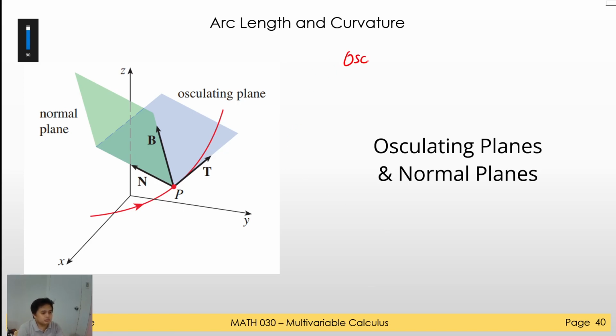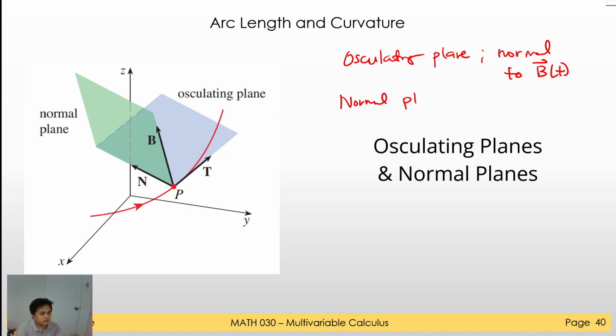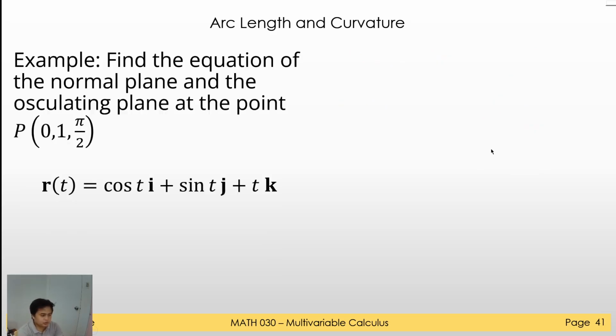So remember that the osculating plane is normal to the binormal vector, and the normal plane is normal to the unit tangent vector. So this is what you need to remember. Okay, we're already familiar with planes, so this will be a little bit easier.